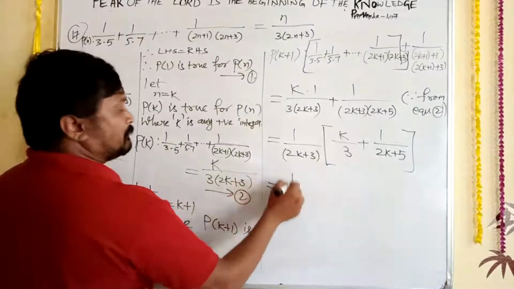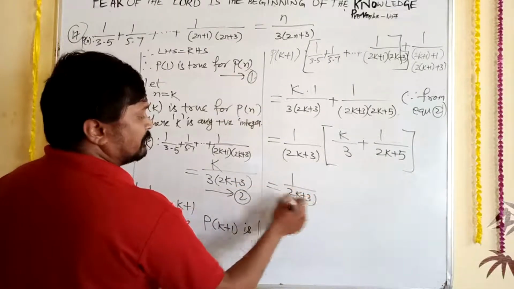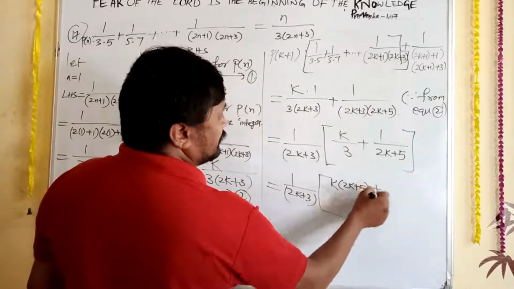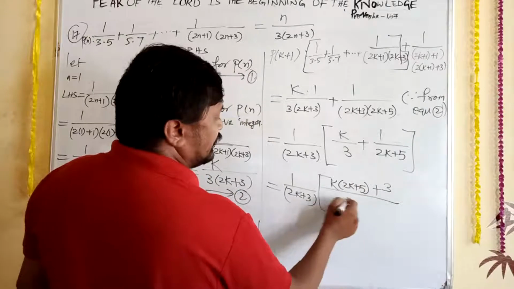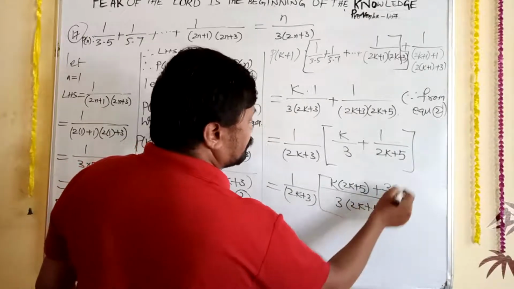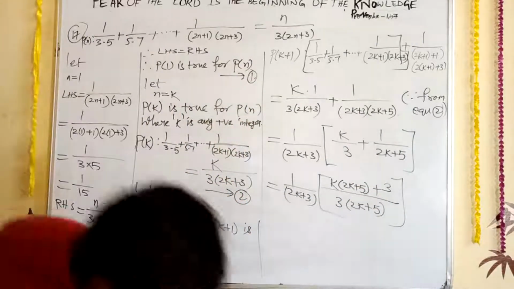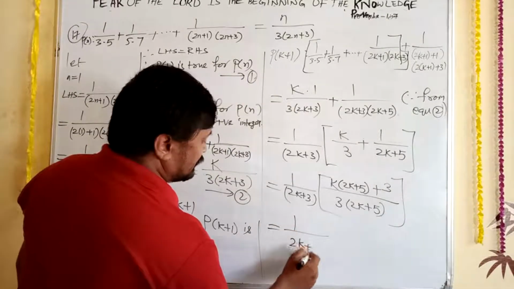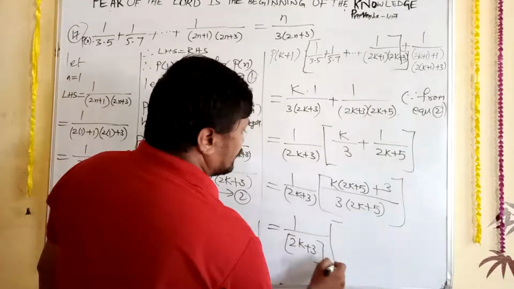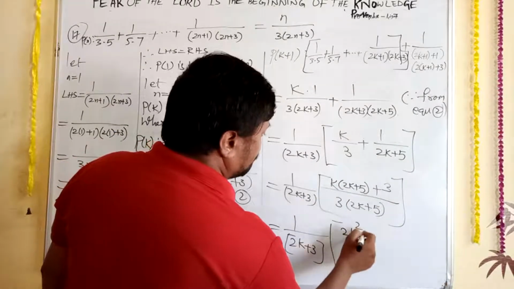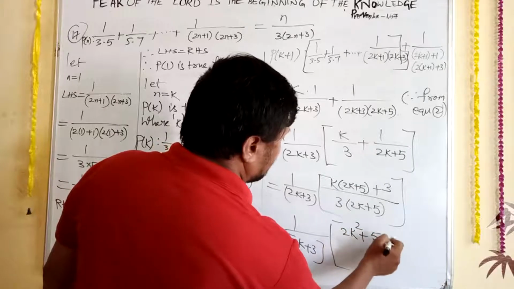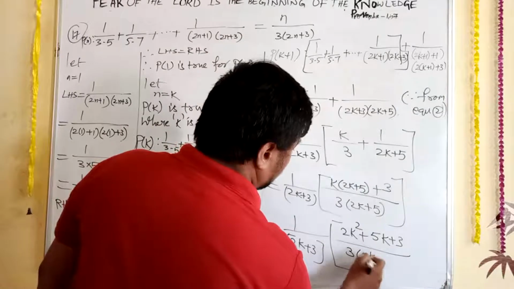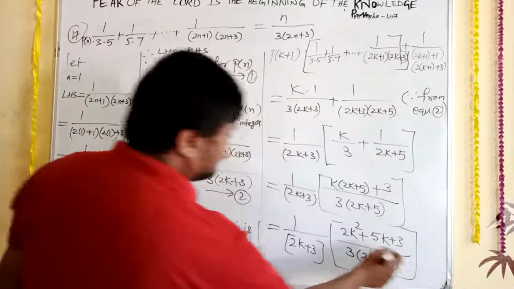Just simplify it by cross multiplication: k into 2k plus 5 plus 3 into 1, over 3 into 2k plus 5. So I'm going to simplify here itself: 1 upon 2k plus 3, and here 2k into k, 2k square plus 5k plus 3, upon 3 into 2k plus 5.